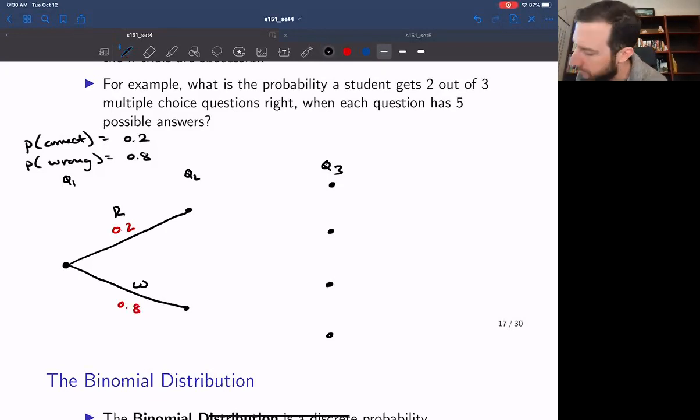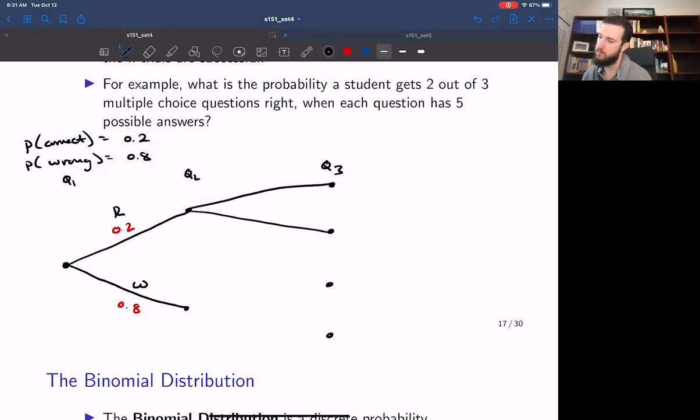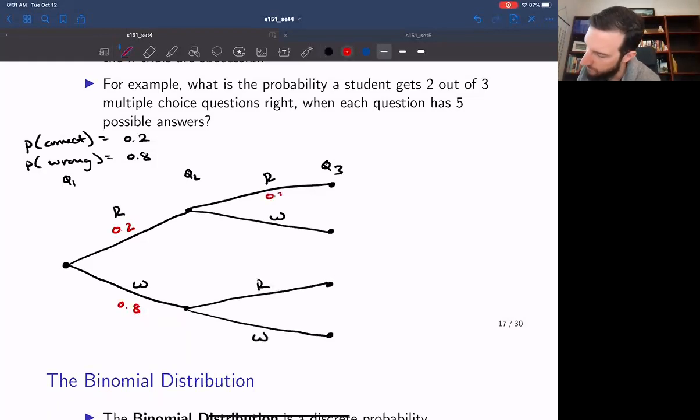Okay, then from here to here, we can either be right or we can be wrong. And then from here to here, we can either be right or we can be wrong. Again, this is a 0.2, 0.8, 0.2, 0.8.